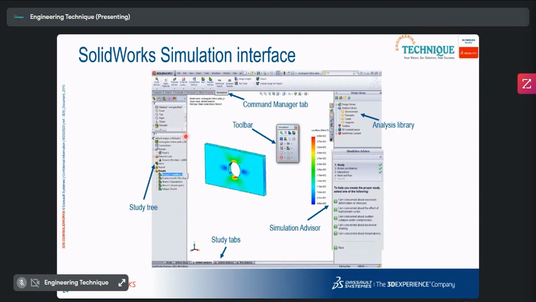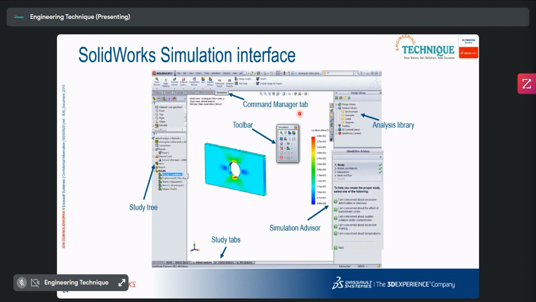Similar to the SolidWorks interface, this is the study tree in which you can apply the various boundary conditions, loading conditions, type of study, forces applied, and meshing parameters, and you can see the post-processing part in the results also.